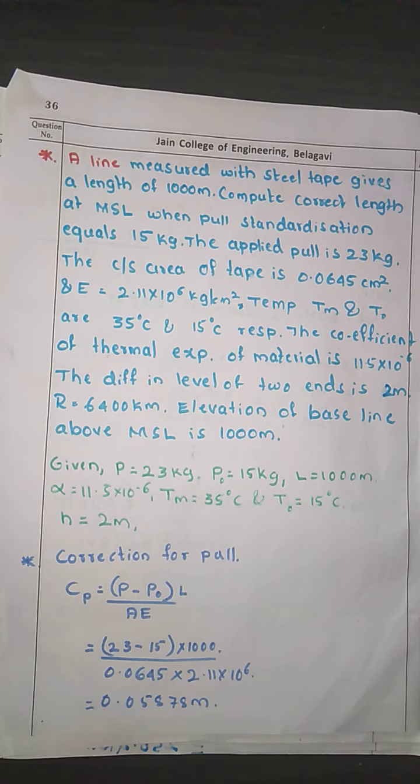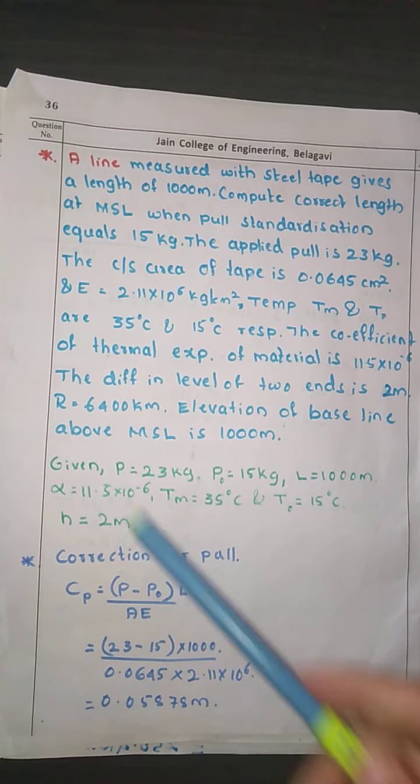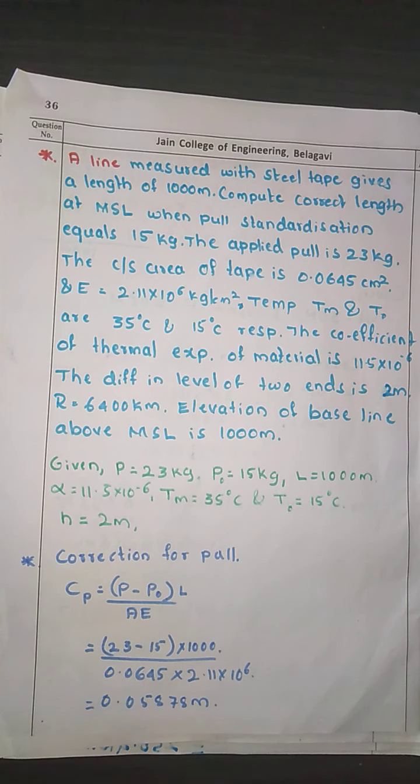Here all these things are given. P, the pull applied, is 23 kg, the pull at standardization is 15 kg, the length of the chain is 1000 meters, and alpha, the coefficient of thermal expansion, is 11.5 into 10 to the power minus 6.